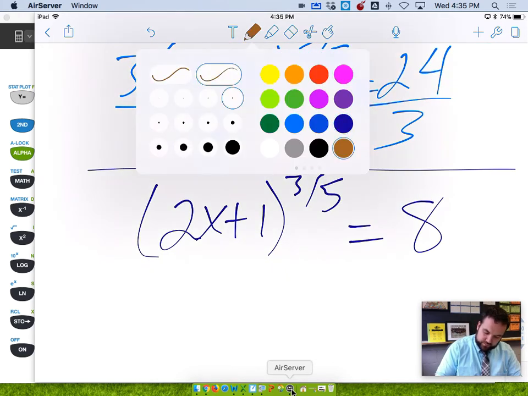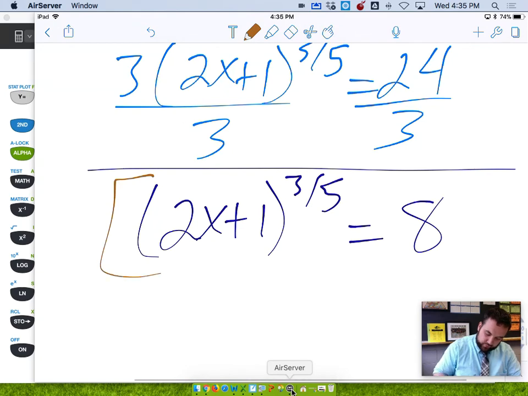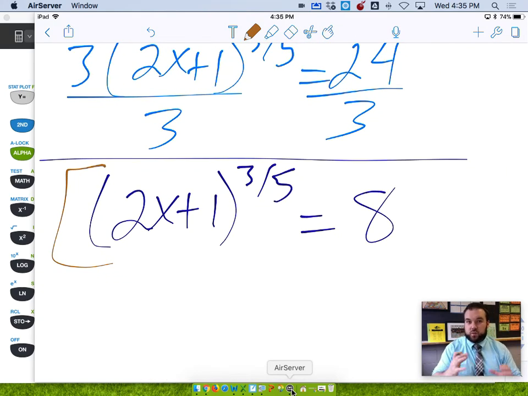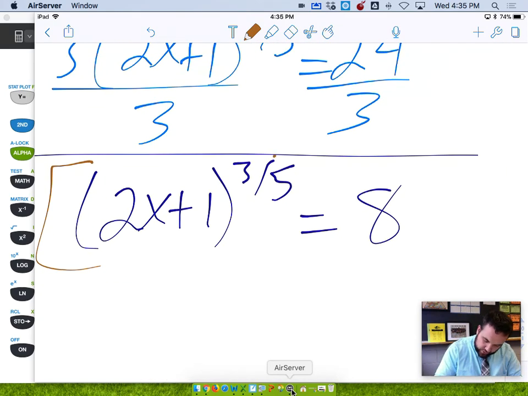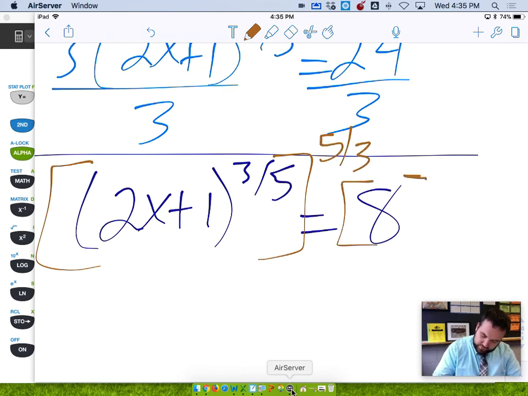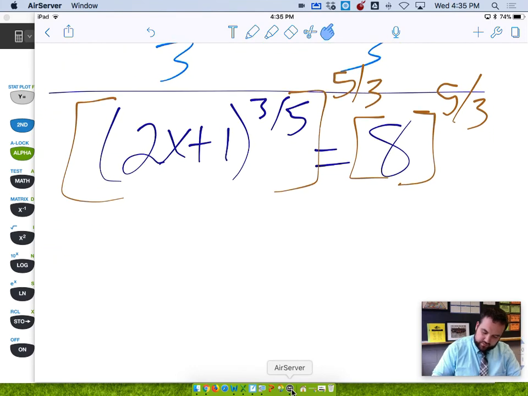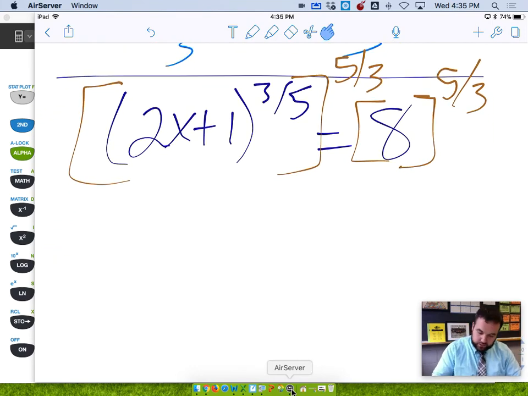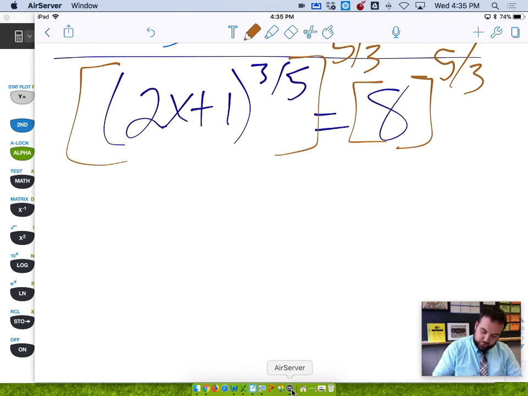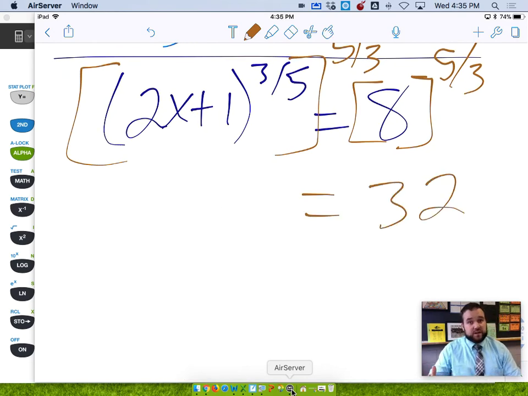Now if I raise both sides to the reciprocal power, right, because the 2x plus 1 is in parentheses, so I know now it's time to raise both sides to the 5/3. Okay. If I do that, 8 to the 5/3 power, that's going to give me 32. Do I need plus minus with the 32? I don't, because again, I'm dealing with the third root there.